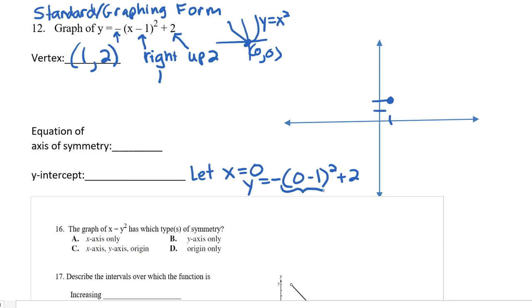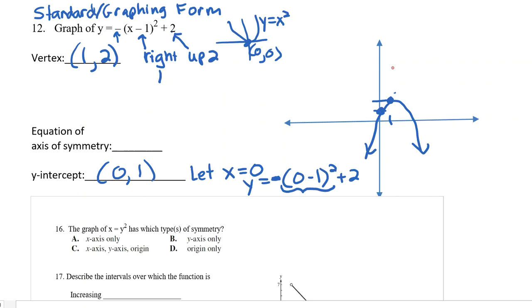When we square -1, we get +1, but then we do the opposite sign. So we would get -1 plus 2. So our intercept is at (0, 1), and that would help you with how wide or how narrow.